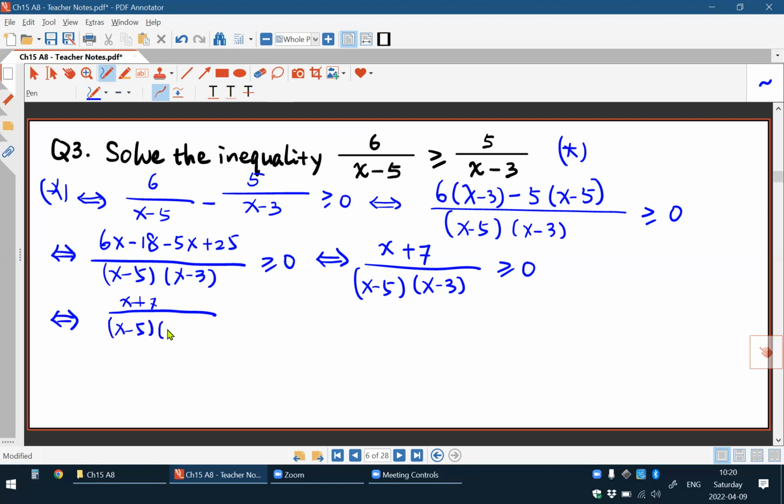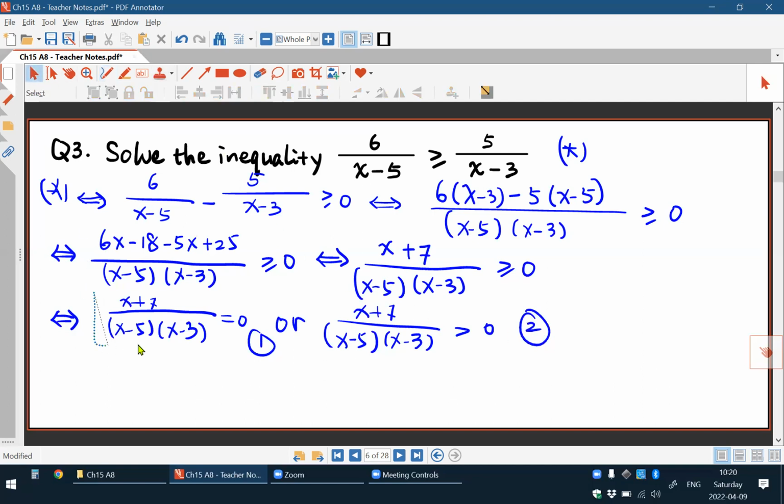This is actually an equation. Or secondly, this ratio on the left can also be greater than 0. So let's call these 1 and 2. And the task is to find the solutions to 1 and 2 separately.